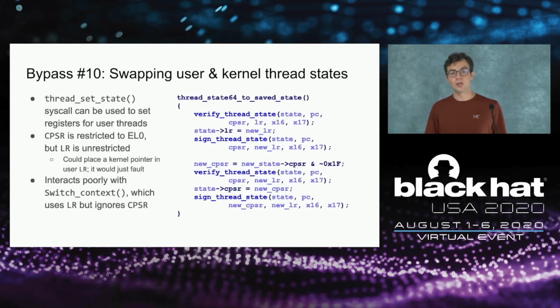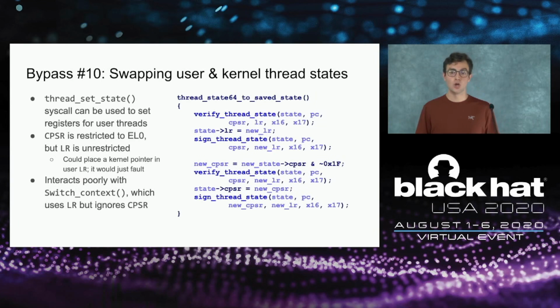So for this operation of thread set state, we only really care about CPSR being restricted. We want to make sure that CPSR is set so that we return to user mode, but we really don't care about the return address register, because if you set a kernel pointer in your return address register, as long as you're executing in user mode, that'll just cause a seg fault when you try to return there.